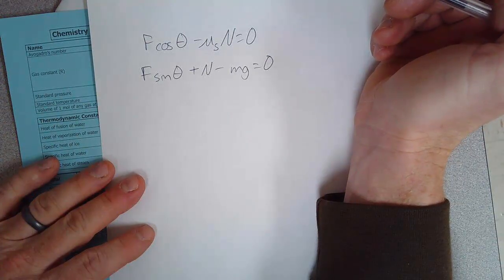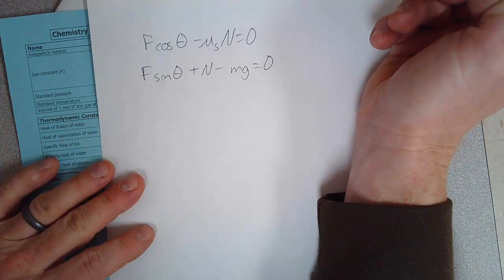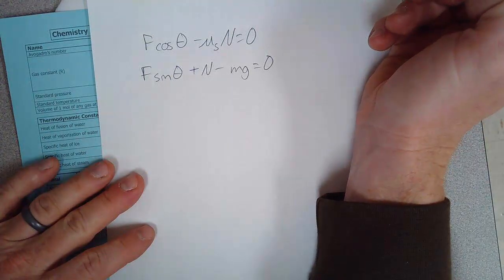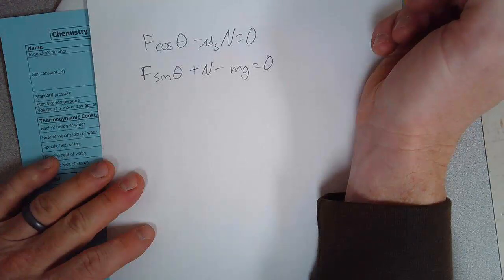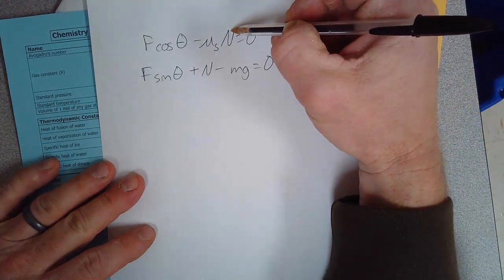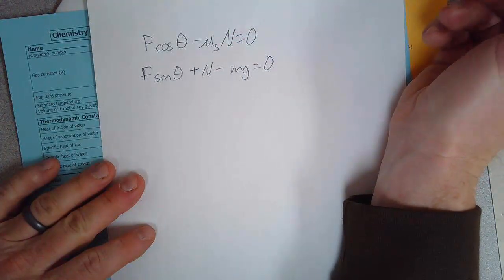And then we'll just think about this: if we need to eliminate, they wanted us to solve for the force, and we also have the normal force as an unknown variable here. The n is unknown to us.